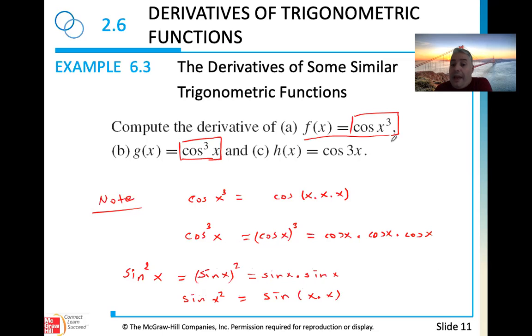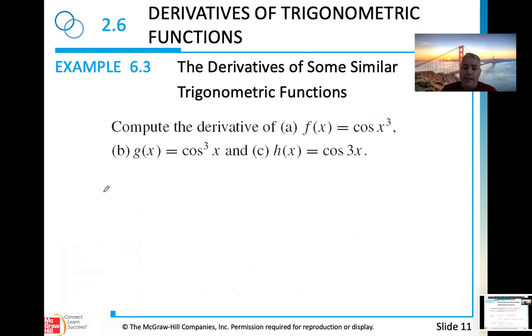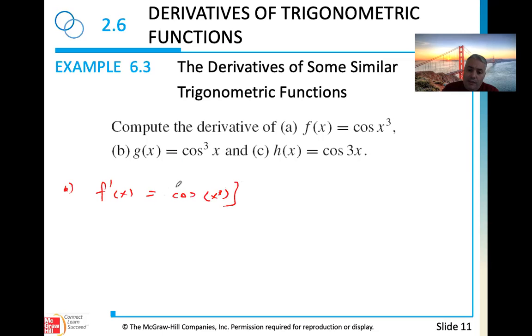So you should be aware of this, since it is important when we take the derivative. So let's start to find the derivatives. I am doing the first one: the derivative of the function f of x, cosine x cubed.